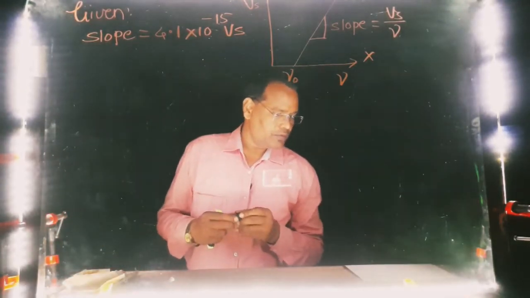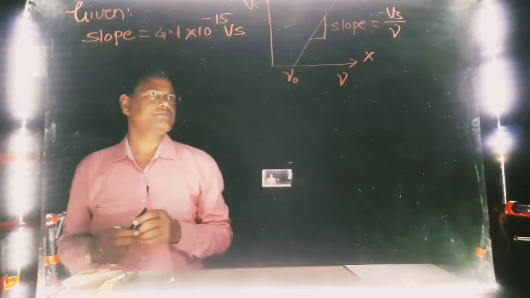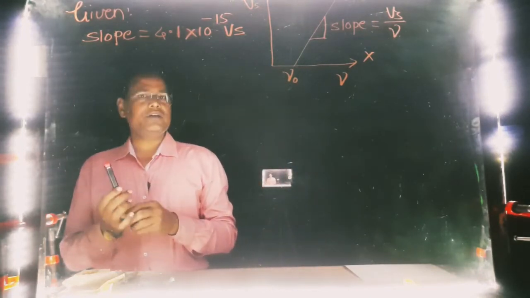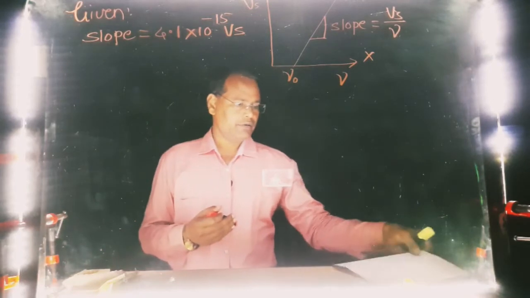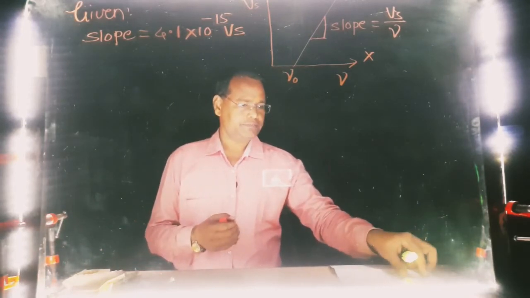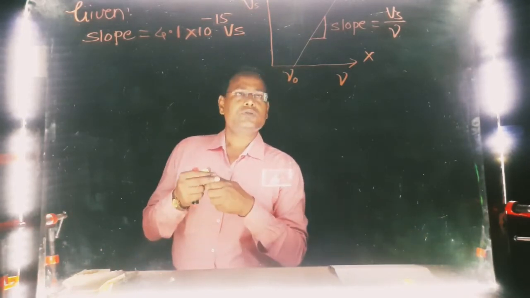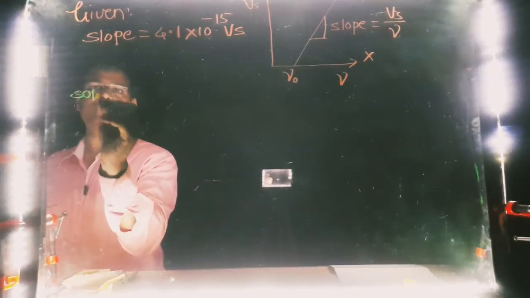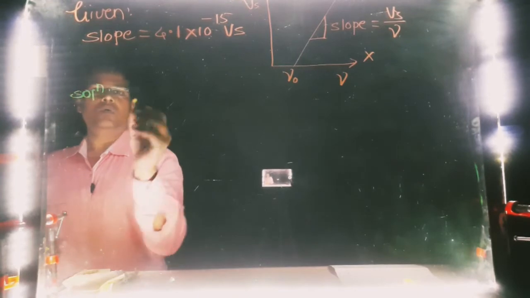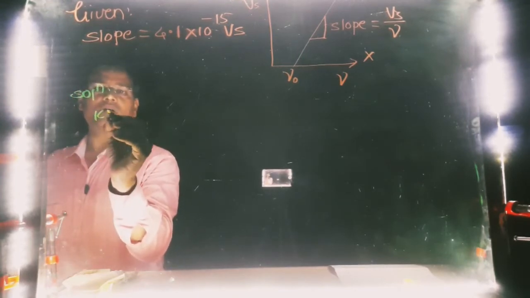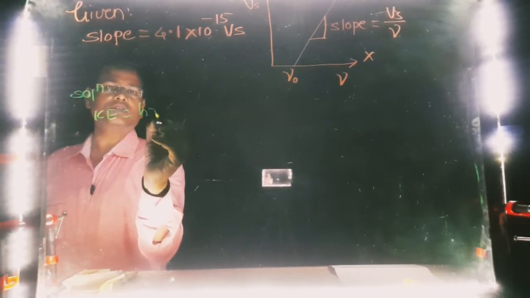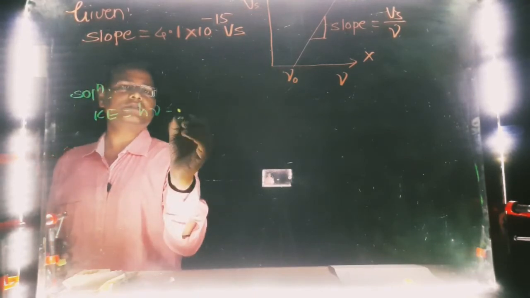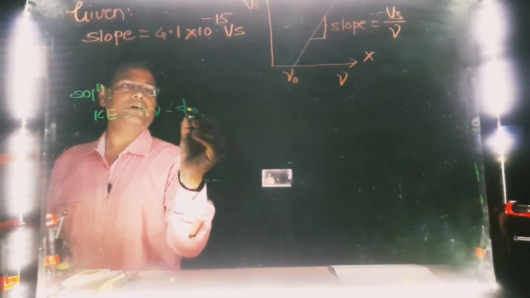So we have the relation, kinetic energy equal to, we can write the relation like this. Slope of this graph, so here solution. We have kinetic energy equal to h nu minus phi 0.